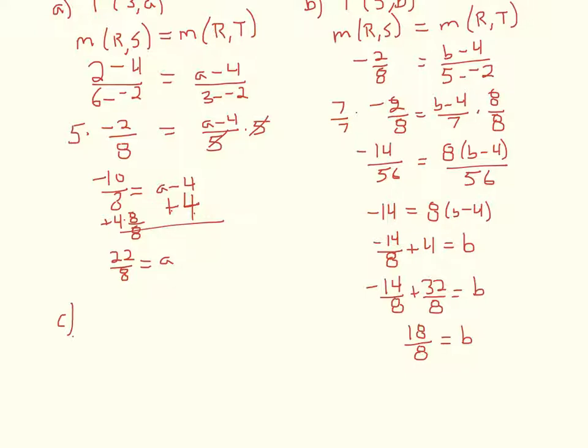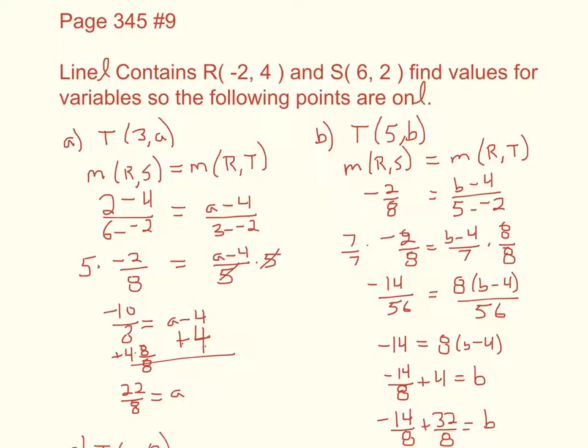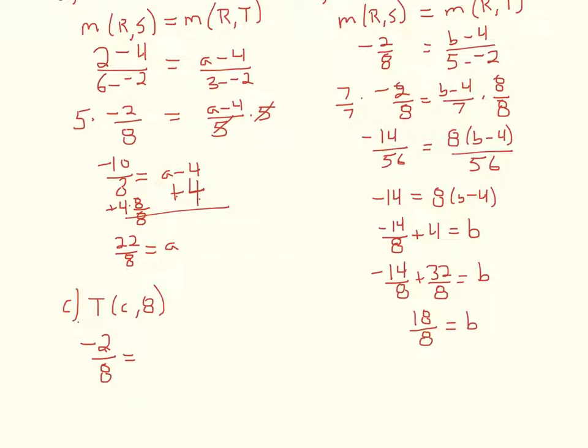So for part C, our point is (c, 8). Alright, so our slope of the line through R and S we already know is negative 2 eighths, and our slope of the line through R and T is, let's scroll back up and see what our point R was, negative 2, 4.